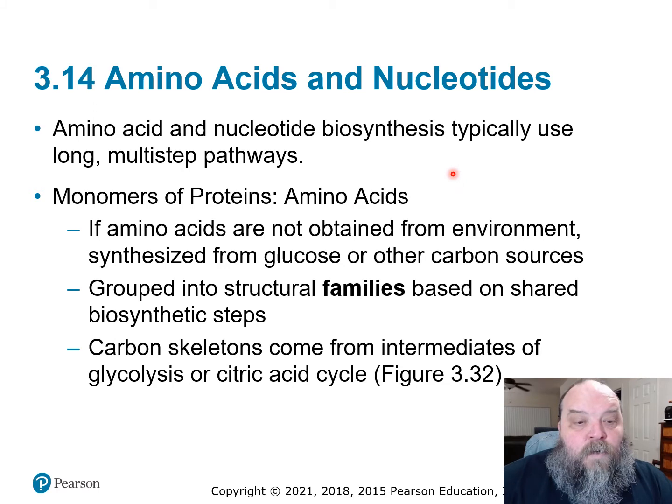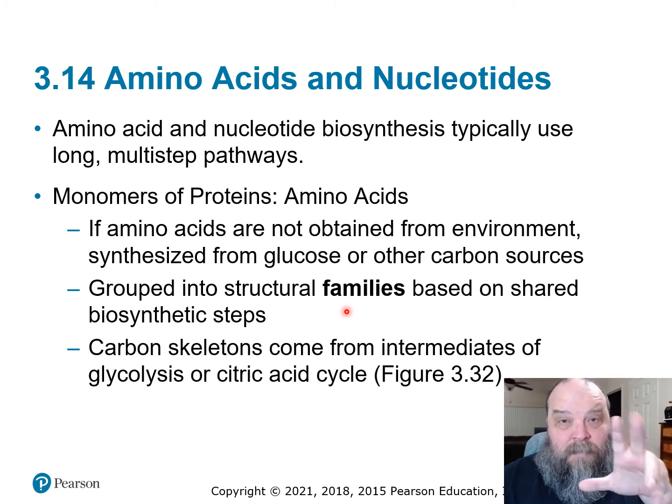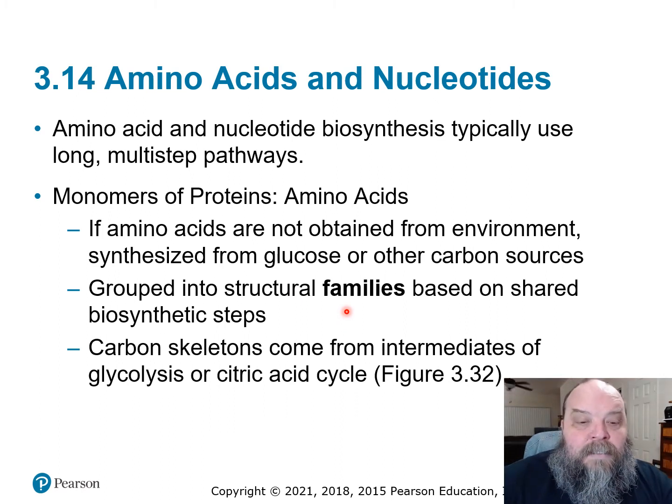When it comes right down to it, we have biosynthetic pathways to make most of the amino acids in us. So those that we do not obtain from our environment, we will synthesize from glucose or other carbon sources. If you can make one of the amino acids in a certain family, because remember, some of them kind of look the same, leucine, isoleucine, things like that, well, they're going to have shared steps.